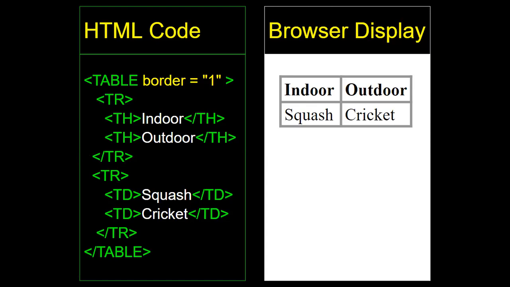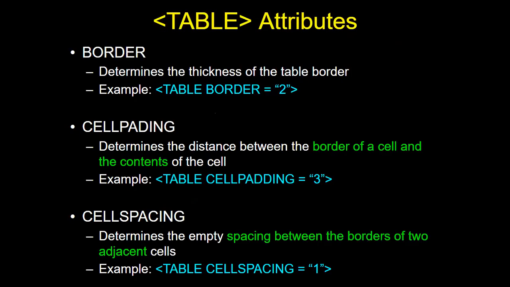In the next lecture of this table tag, we are going to learn some more features of these tags with relevant attributes. Here is a list of table attributes. The first attribute is border, which determines the thickness of the table border.